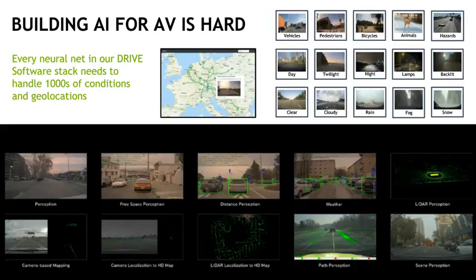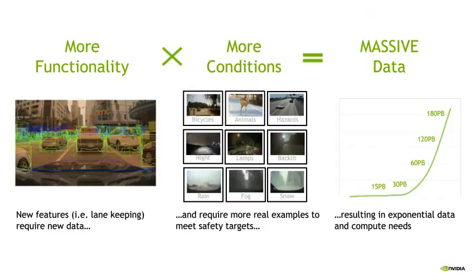Rare, but when you actually encounter them, the danger and the safety problem is incredibly high. So put another way, you have this breadth of functionality that has to be built, and this incredibly large array of conditions that have to be met, where you have to develop and prove that the functionality works well. And so this essentially results in an exponential need for data and compute to support the development of an AV.